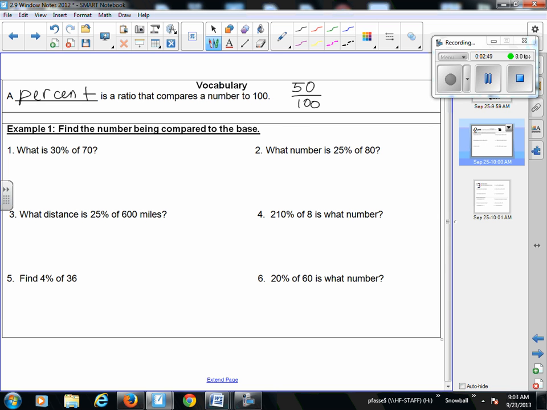Now, there are two ways of setting this up. The is over of is equal to x over 100. So based on the wording, we put whatever number we have in the is spot, and whatever they have the of, we put there, equals some number x over 100.